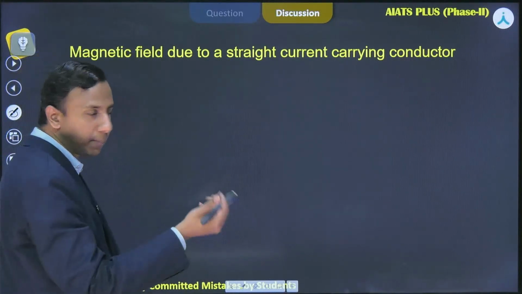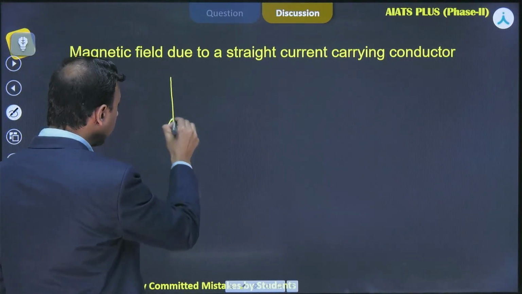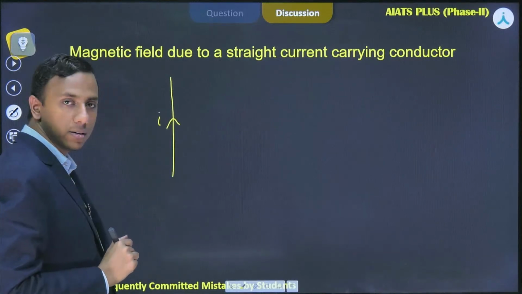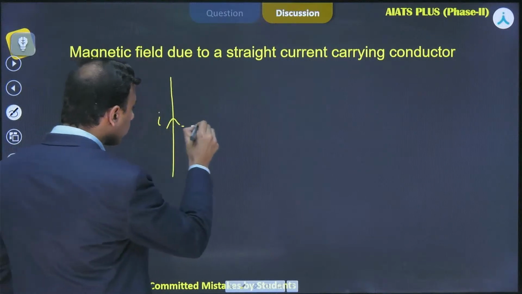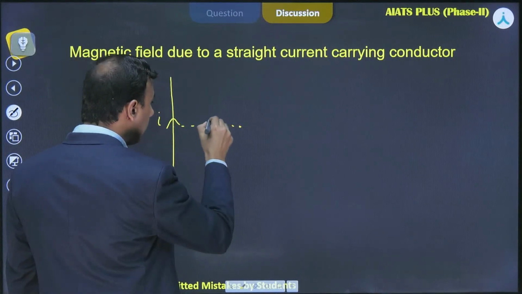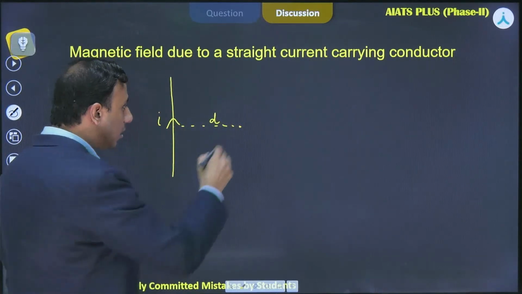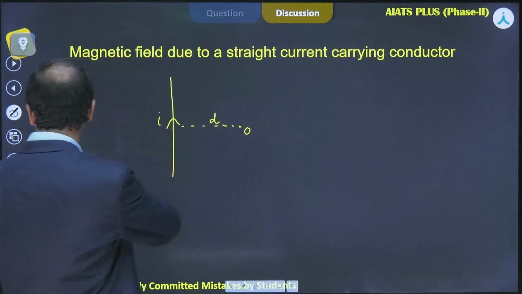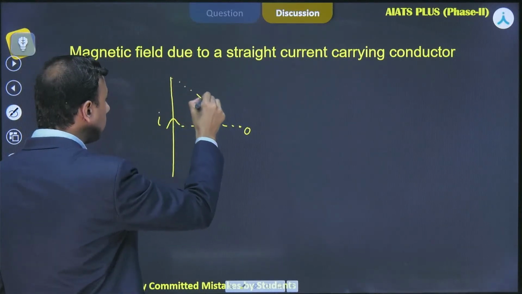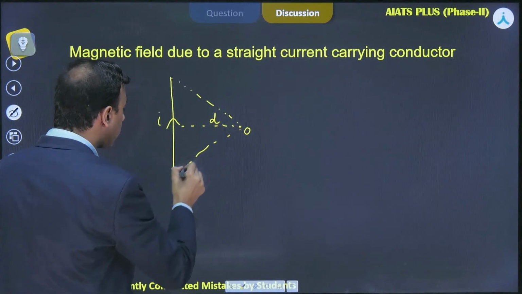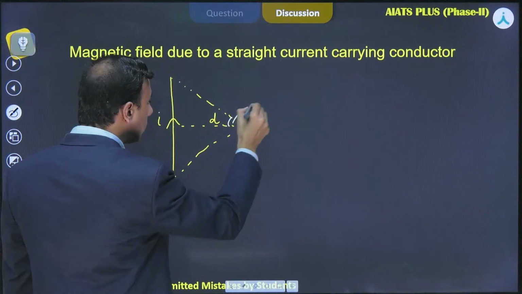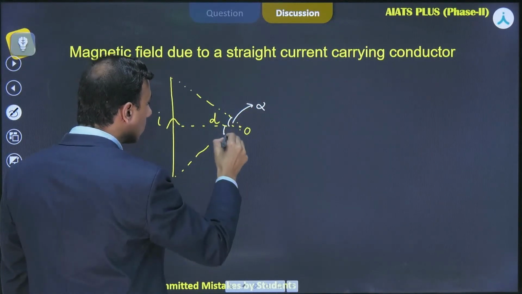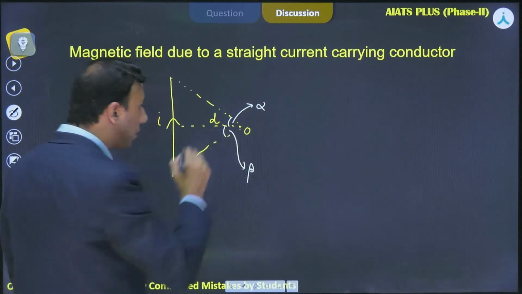Let me just recapitulate. So let's say you have a straight current carrying conductor carrying current I, and at d distance away, let's say at this point O, you want to find the magnetic field. And let's say it is subtending at this O two separate angles. So let's say this angle is your alpha and this angle is your beta.